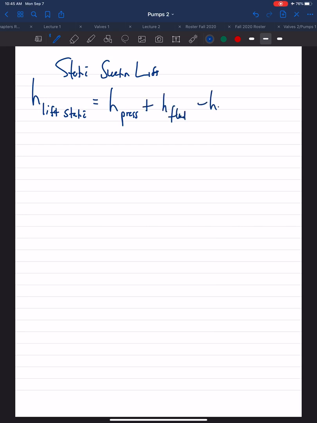So we can then calculate our static suction lift. We'll call that lowercase a lift: H pressure plus our H fluid minus our HI.